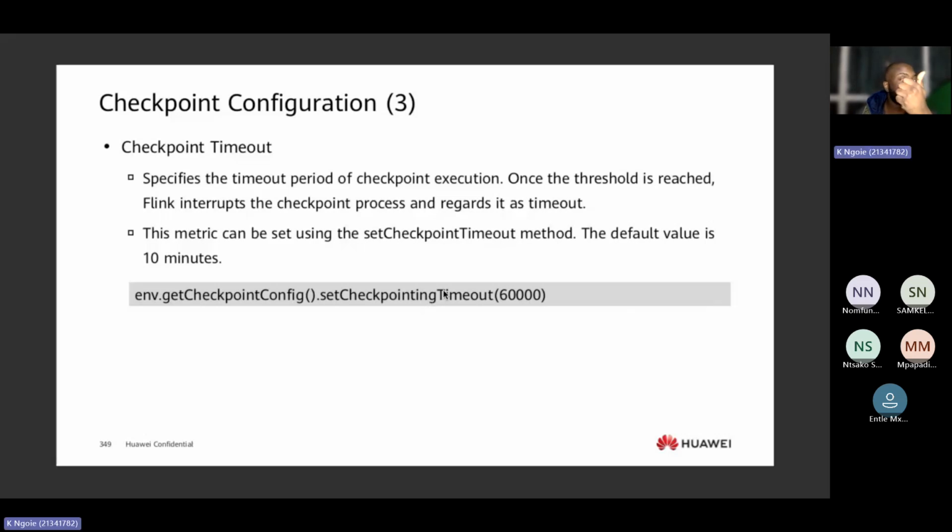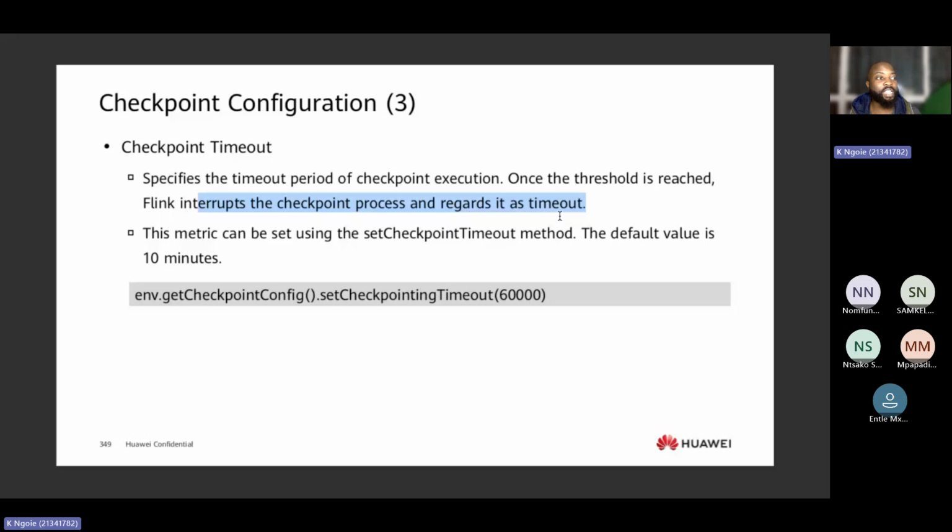Okay, so in checkpoints we have a checkpoint timeout. We can specify a timeout period for checkpoint execution. Once this threshold is reached, Flink interrupts the checkpoint process and regards it as a timeout. So in your system, there is a time when Flink needs to check for errors, and while it's processing the check for errors, if it has been doing it for maybe 10 seconds, that's your timeout, and it needs to stop.